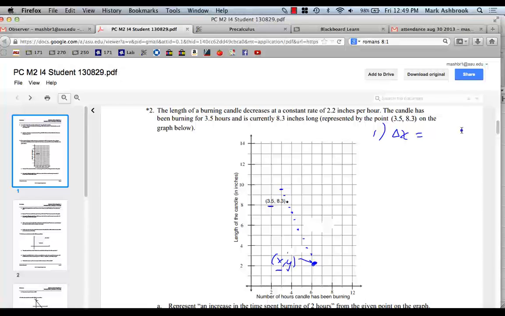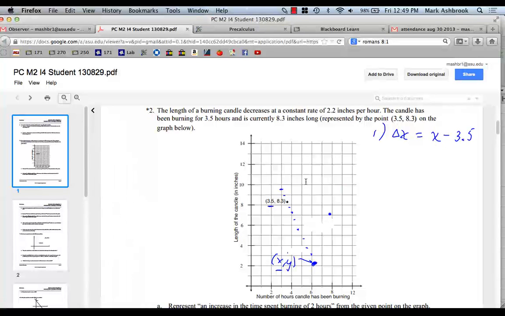See, when you did it in the web work, it was so easy. You had these really easy questions where you're doing all these delta x's, and it said, what's your formula for finding delta x? No, it's the final value of the quantity minus the initial value. So what would delta x be? x minus 3.5. Do you see?